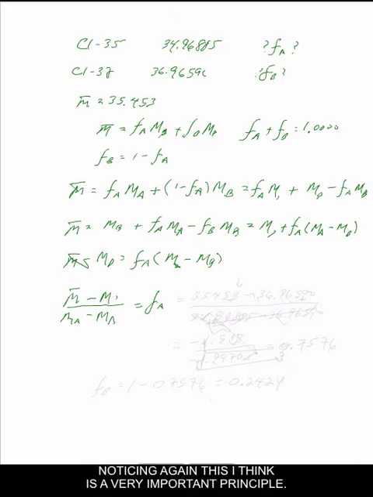Notice, and again, this I think is a very important principle, we manipulate the symbols, not the numbers. You would easily get confused here if you tried to put these long numbers in the place of these symbols F sub A and M sub A and so forth. But now it's a plug-in.